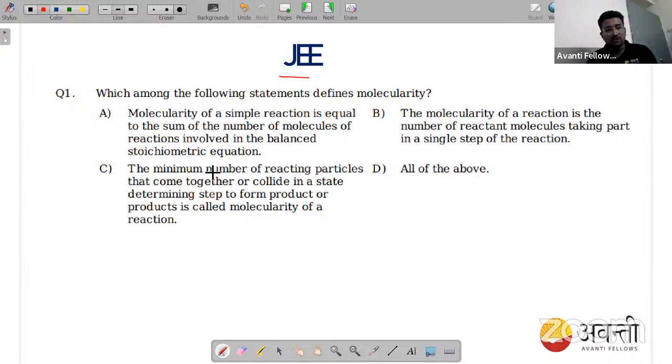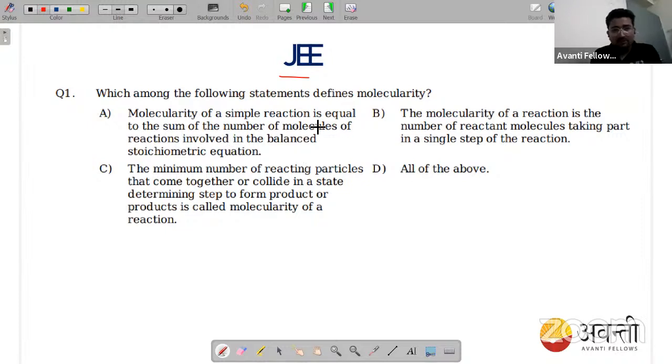Okay, so let's start with option A. What does option A say? Molecularity of a simple reaction is equal to the sum of the number of molecules of reactions involved in a balanced chemical reaction.